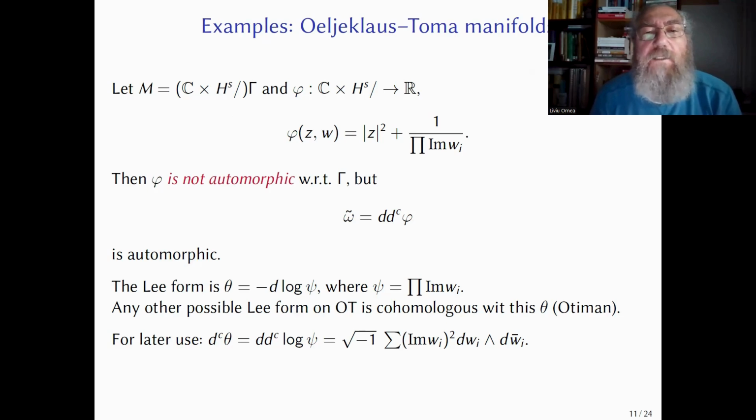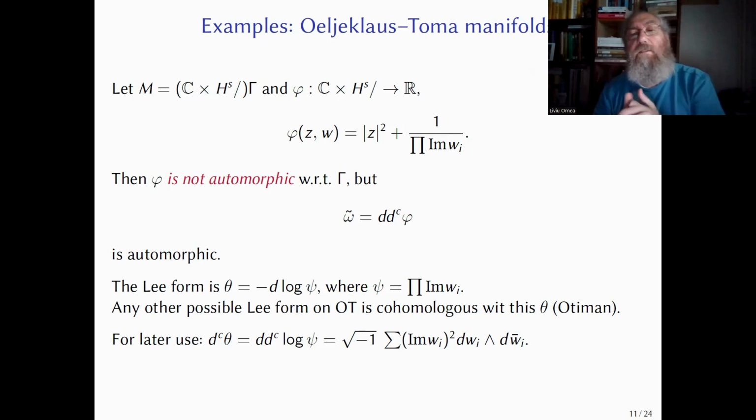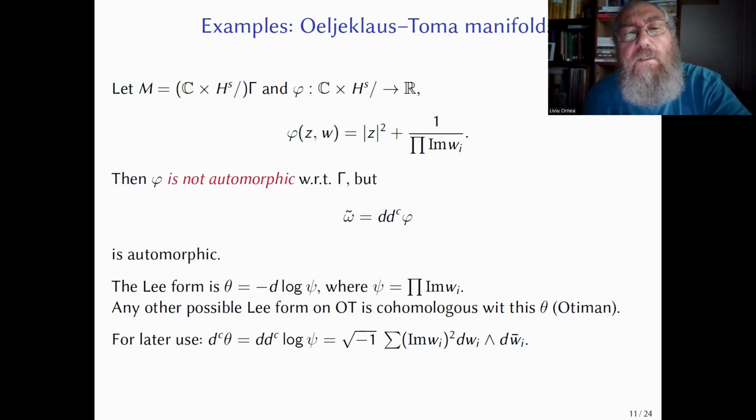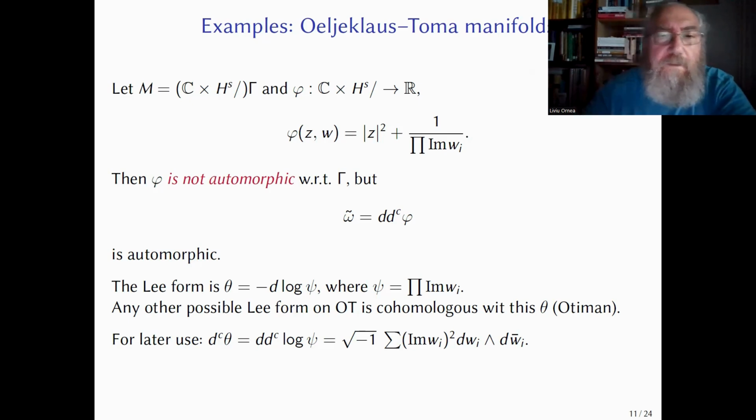And we take a potential, this phi. W are the coordinates on the Poincare half plane, so the imaginary part is strictly positive. You take this potential, which generalizes exactly the potential given by Tricerri. And what happens is that this potential is not automorphic, but dd^c of it is automorphic.